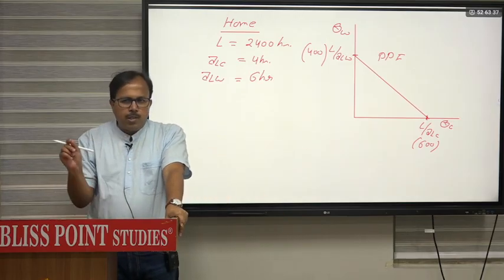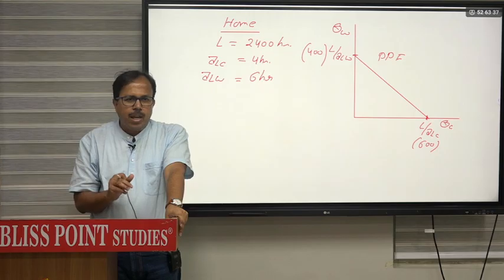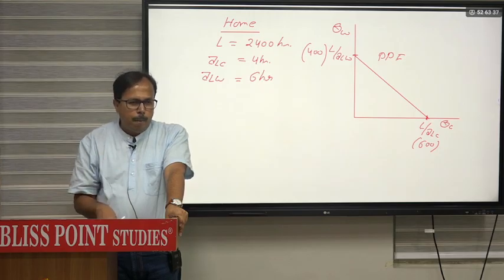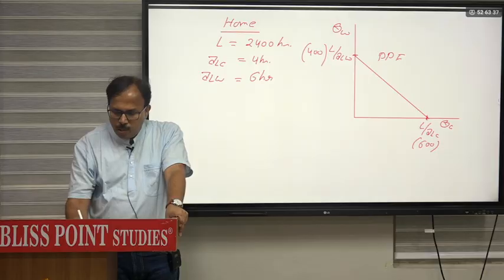Can you write the equation for this line? And what is the slope of this line? Just see this, some technical points. Not required for the answer, but just for information.